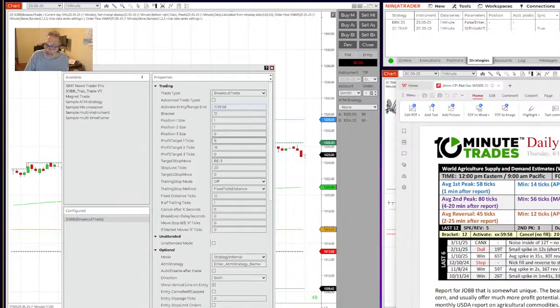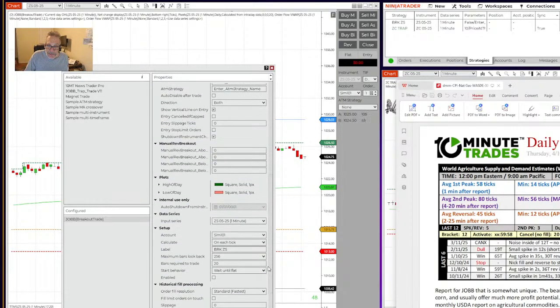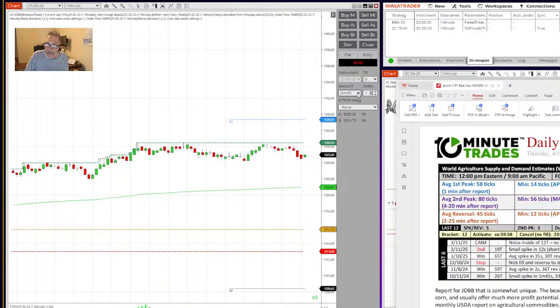Targets anywhere between 8 and 25 is what I would recommend. 8 and 30 at the most. Stop is 20, and then break even minus 3 if target 1 is hit. And I'll trade it in a Bullinox account that's making money. It's labeled breakout ZS. Apply it. Put the chart on.